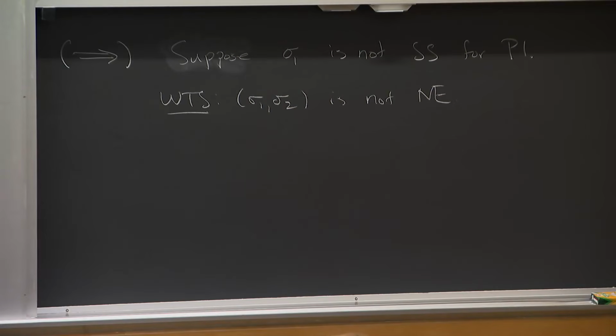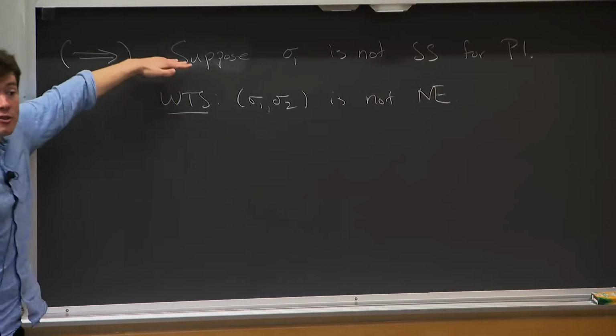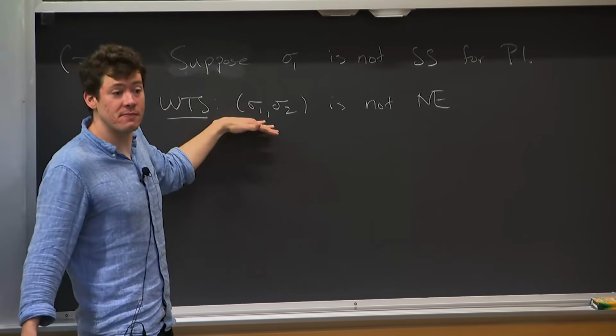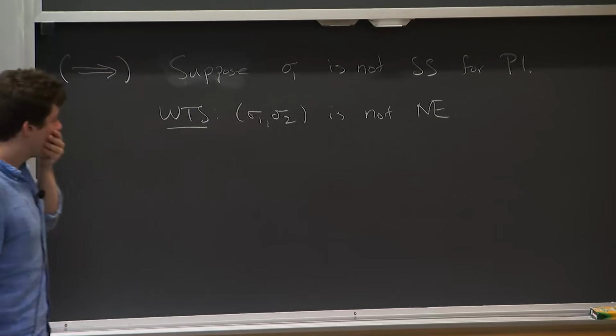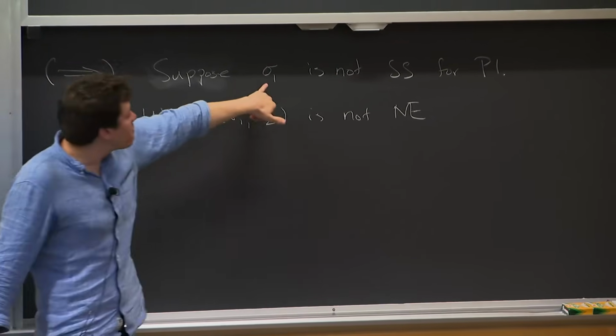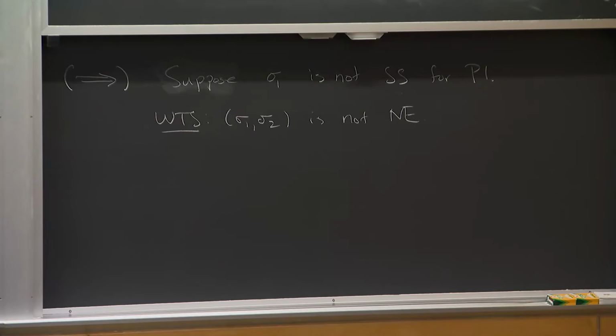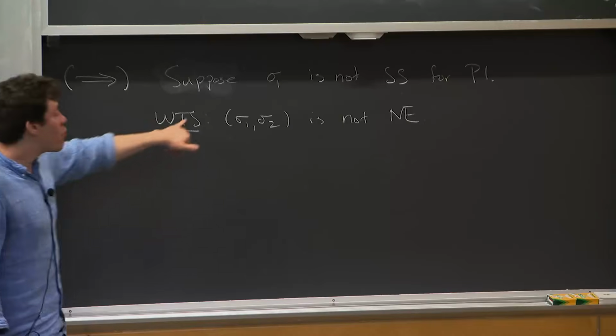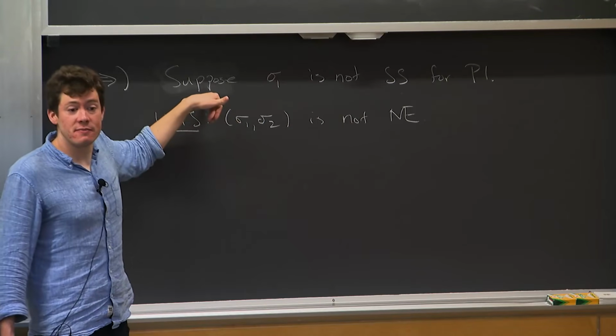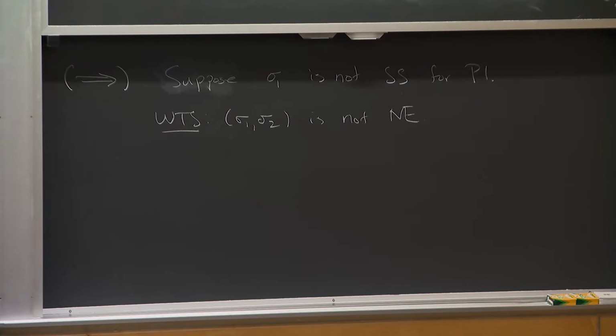So this is my way of saying in any Nash equilibrium, both players must be playing security strategies, because if some player is not playing a security strategy, then it couldn't have been a Nash equilibrium. Now I'm saying what if sigma 1 is not a security strategy? There's a symmetric argument if sigma 2 is not a security strategy. So one way of saying this is I can't find an equilibrium where players are not playing security strategies.